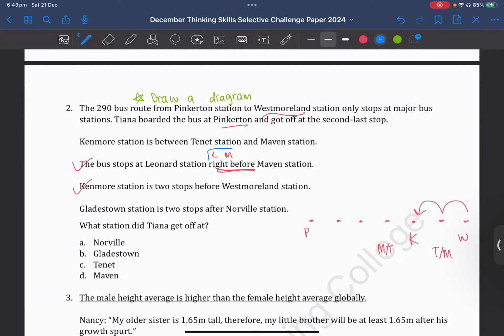So because these two are together, it's actually LM, and I really need 2 spots for them to go to. So Maven has to go here because there's no spot for Maven to go over there. That means Maven cannot go there, which means Tenet has to go in that spot there.